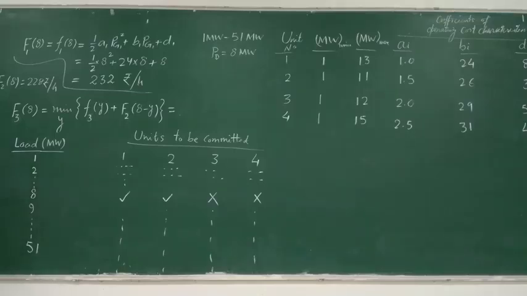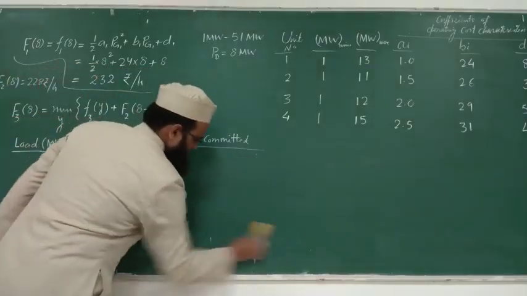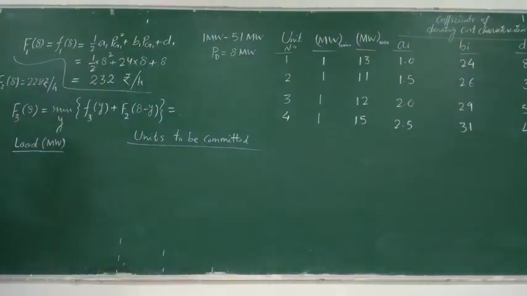So we will make it like this. Suppose 1 to a certain demand A. We don't know as of now the value of A unless all the loads are checked. We have just checked for 8 megawatt. This was 1 point, corresponding to 1 up to 51. How many points? 51.